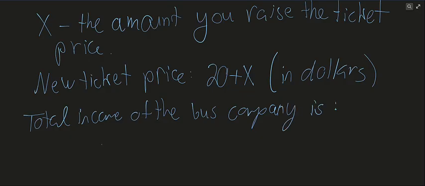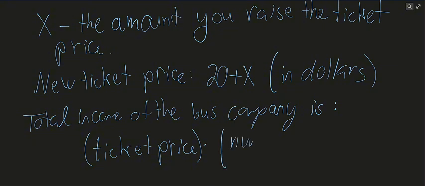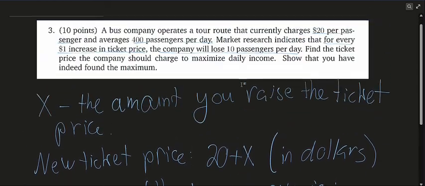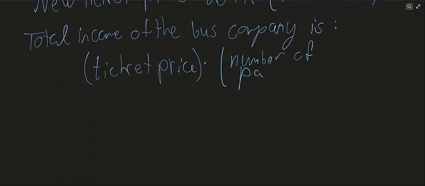It's going to be the ticket price times the number of passengers. Which is also the number of tickets, because each person has their own ticket in this scenario. So the number of passengers is logically the number of tickets.